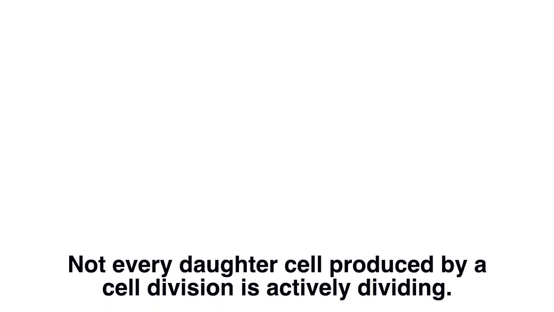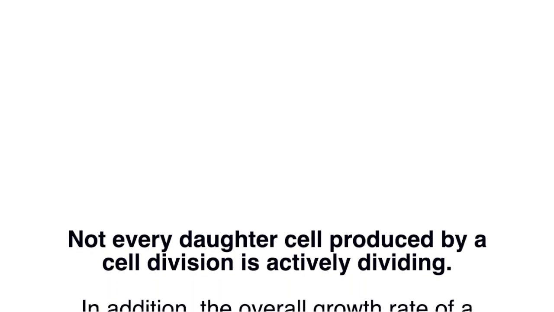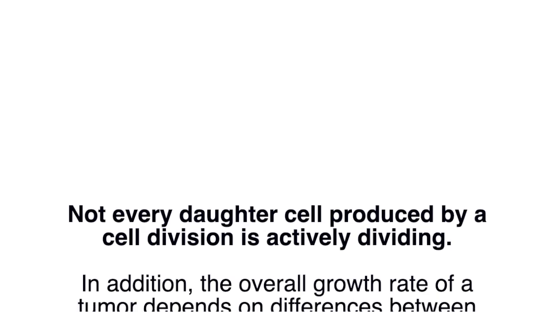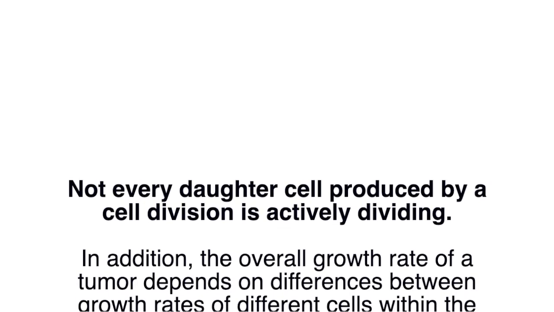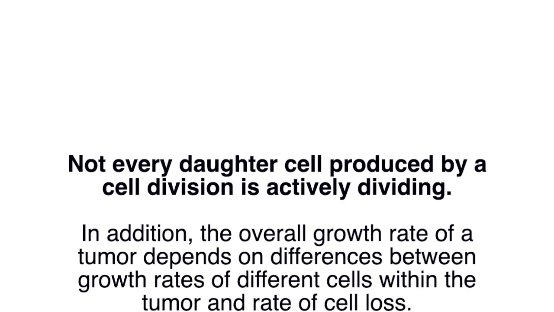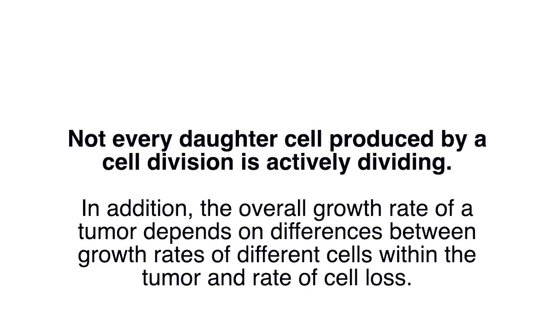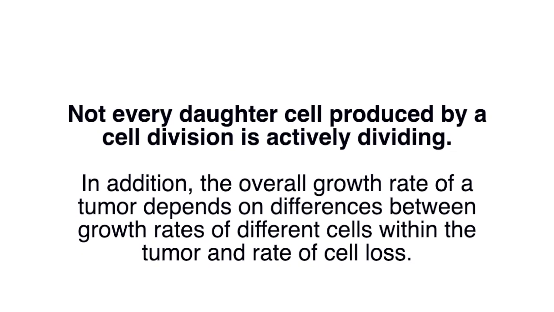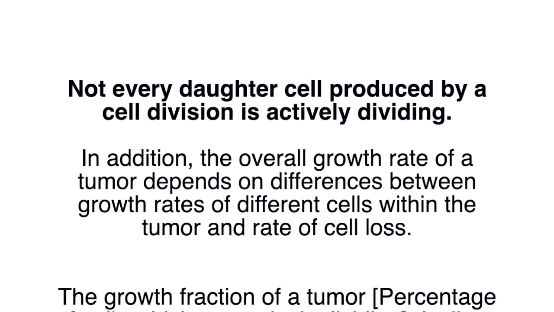Not every daughter cell produced by a cell division is actively dividing. In addition, the overall growth rate of a tumor depends on differences between growth rates of different cells within the tumor and rate of cell losses.